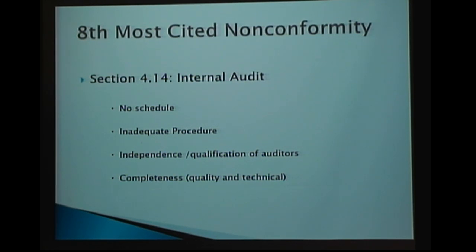Sometimes in very small laboratories, it's very hard to get somebody that's an independent internal auditor. I personally don't make too much of a big deal about that unless it's quite obvious that they're auditing their own work. I mean, that's clearly not acceptable.